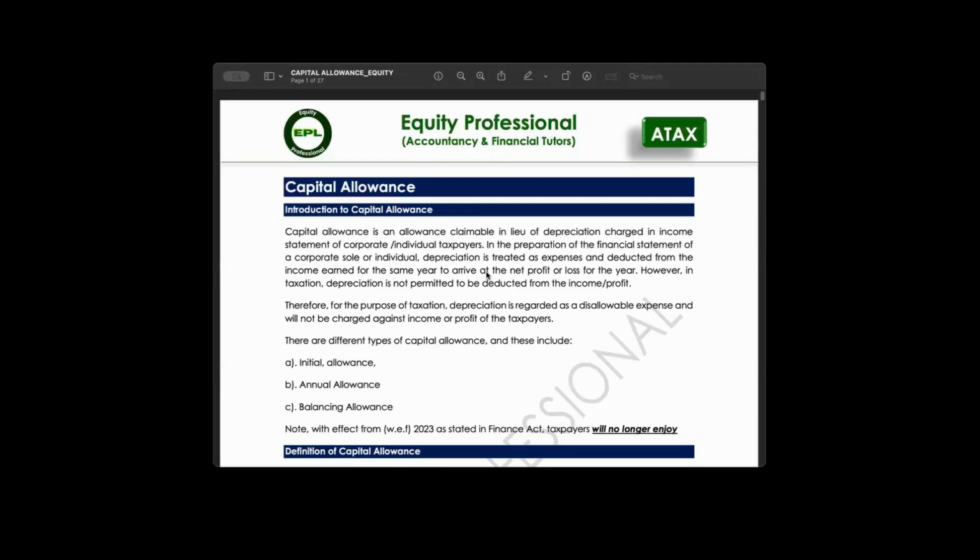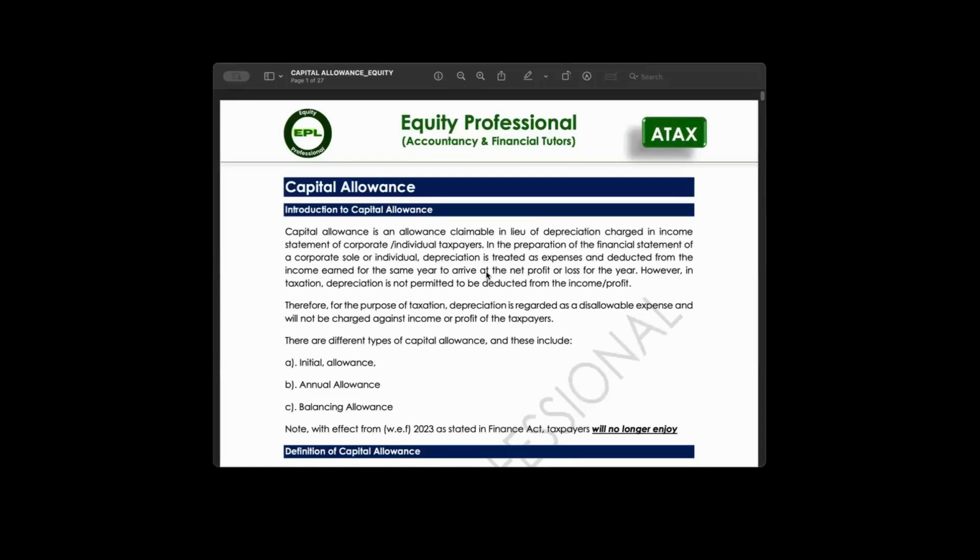So this is what we are saying. Companies acquire qualifying capital expenditure, which is the same thing as non-current assets. Now, this qualifying capital expenditure acquired by the company is expected to be put into production use at the end of the basis period so that they can claim an allowance on that asset.